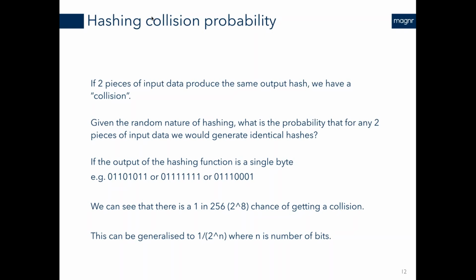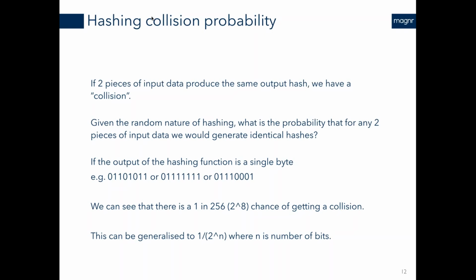As a general concept, the number of output bits that the hash produces is part of the collision probability. You can generalize it to 1 over 2 to the power of n, where n is the number of bits in your output. So for SHA-256, that would be 1 over 2 to the power of 256.